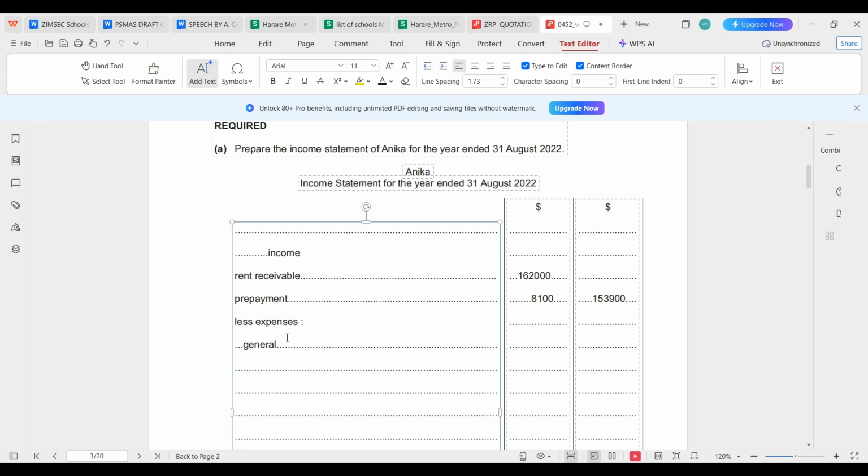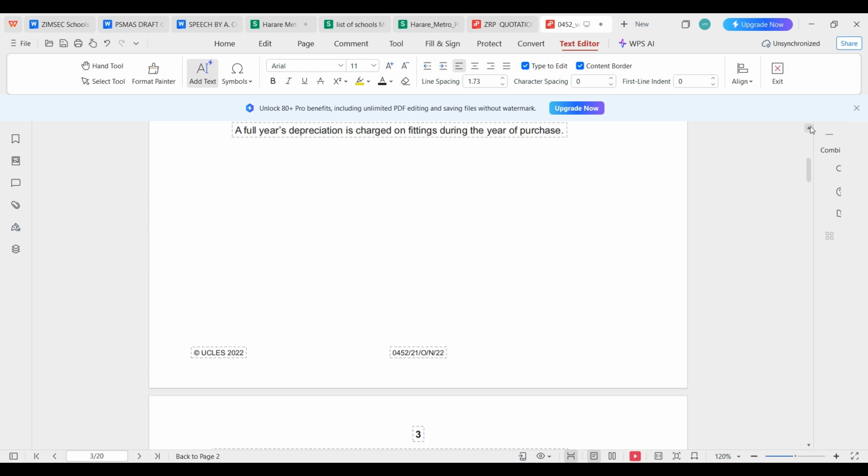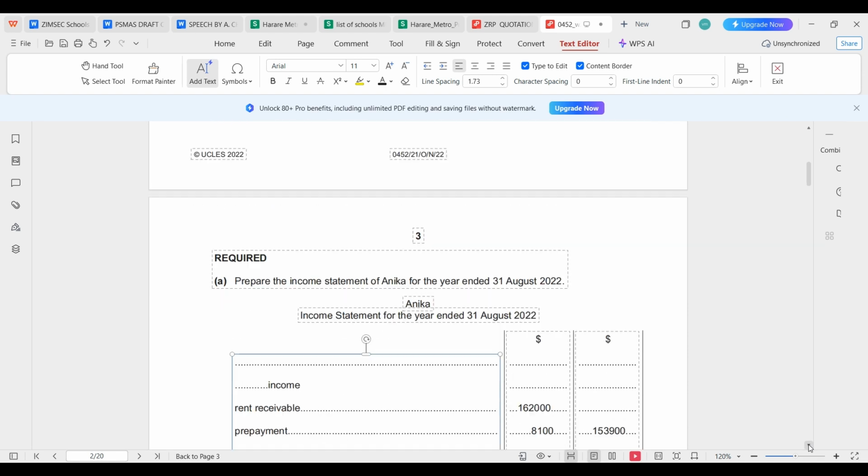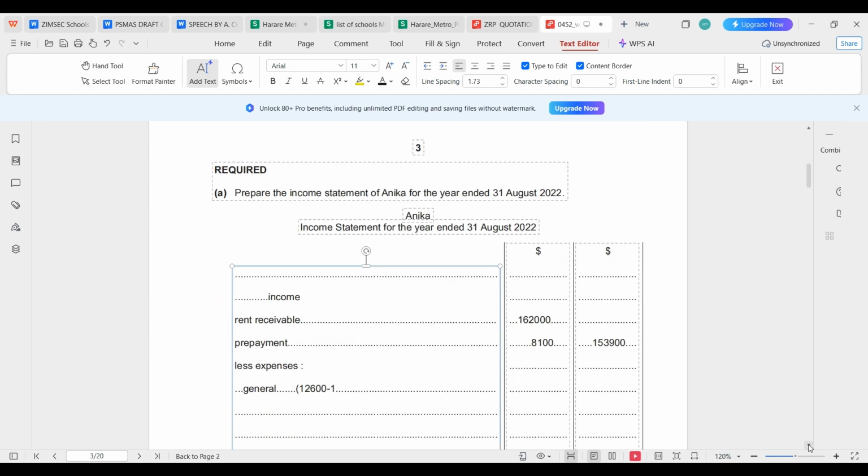For the general expenses, we said that's 12,600 minus. We're supposed to subtract the prepayment that was made in advance. If you go back again, you see that our note says general expense of 1,300 had been paid in advance. So we come down here again and we deduct 1,300.